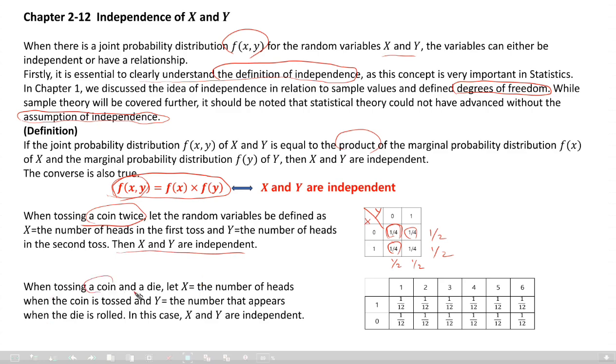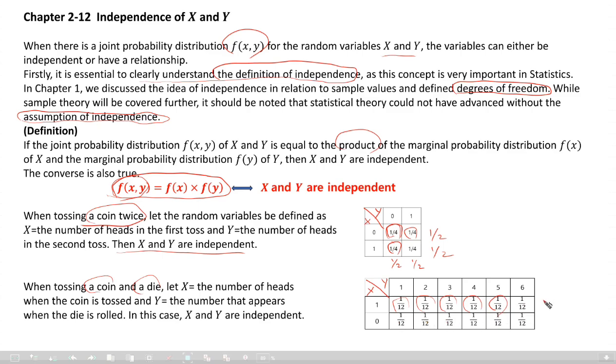When tossing a coin and a die, X is the number of heads when the coin is tossed, and Y is the number that appears when the die is rolled. See here X, this one is Y. Then X and Y are independent. We can imagine that, but theoretically, in statistics, each cell has probability 1/12, with 12 cells.